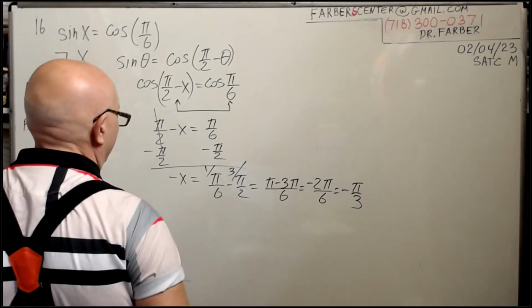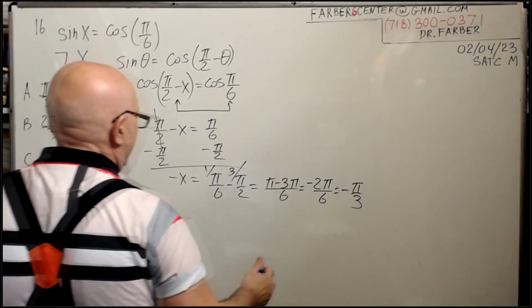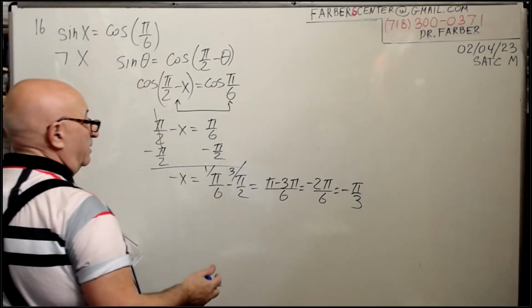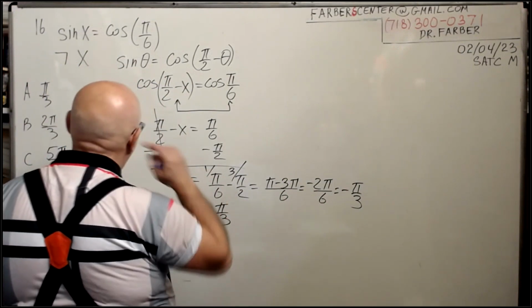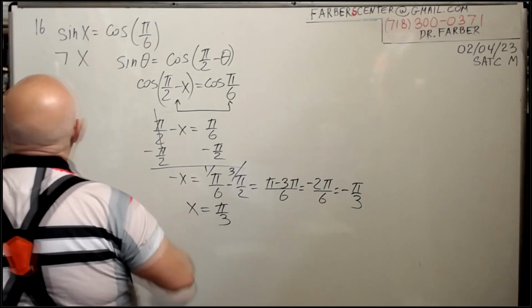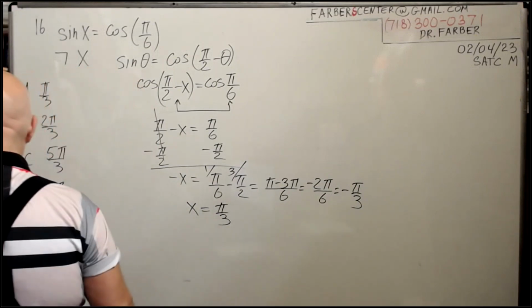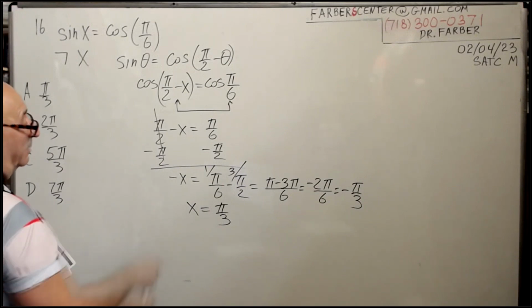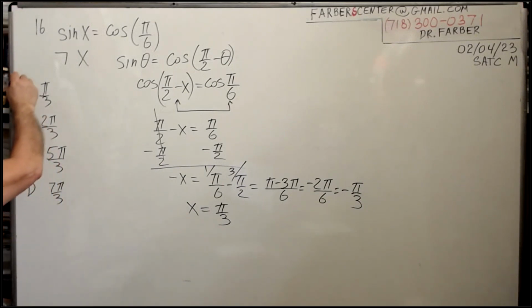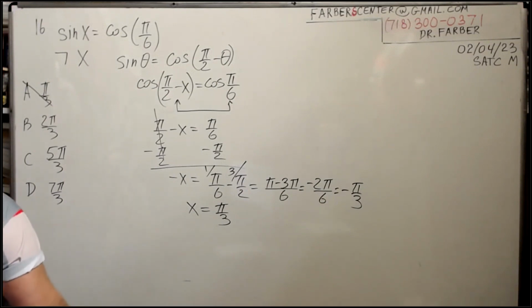And this equals to negative x. And if I multiply both part by negative 1, I get x equals to pi over 3. So when x equals to pi over 3, they're supposed to be equal to each other. But pi over 3 is here, does not work because this is negation. Okay, so far so good, does not work.